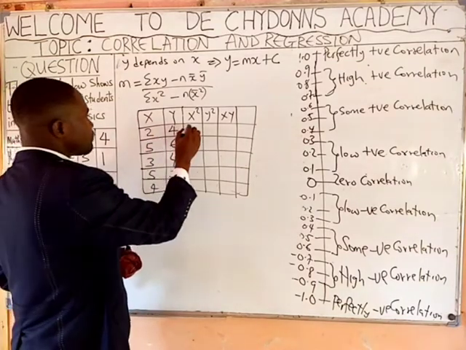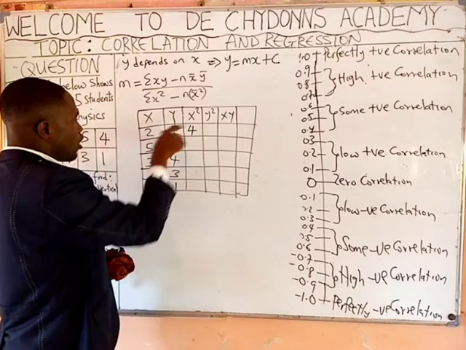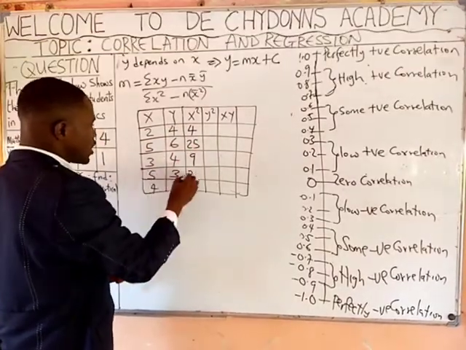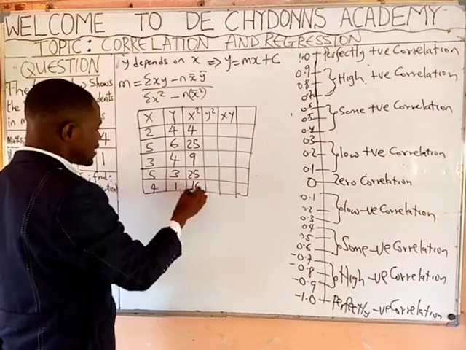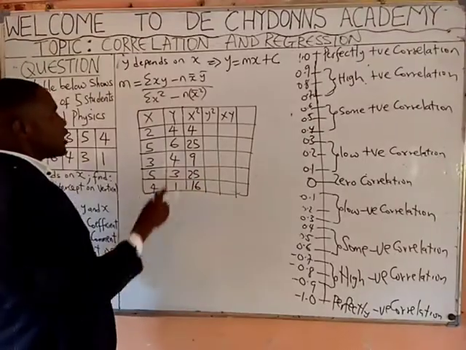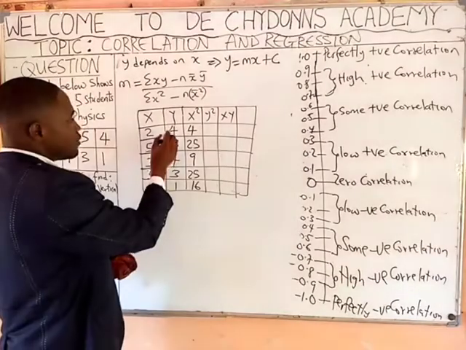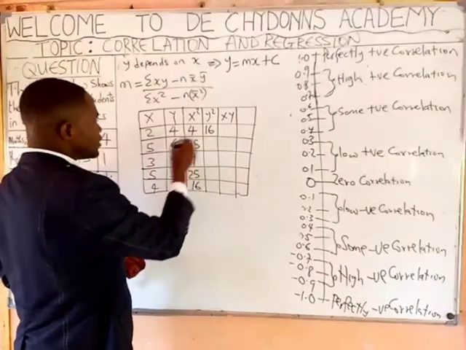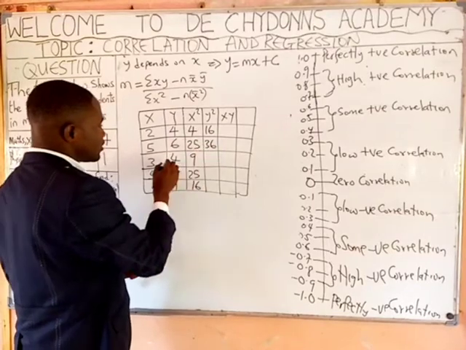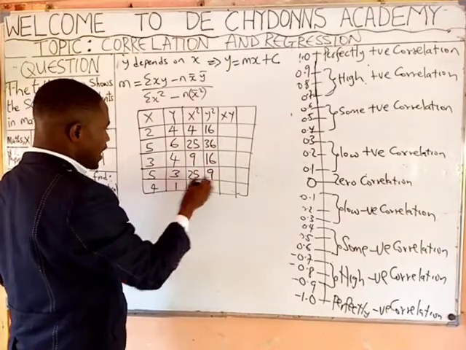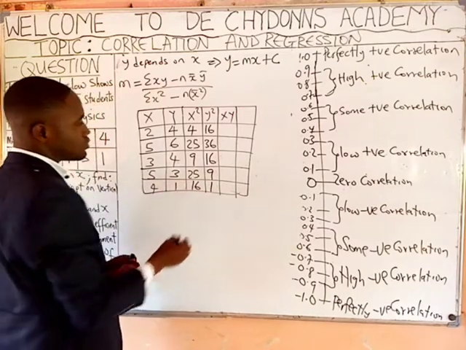We have 2 squared 4, 5 squared 25, 3 squared 9, 5 squared 25, 4 squared 16. Then for y, we say 4 squared 16, 6 squared 36, 4 squared 16, 3 squared 9, 1 squared 1.